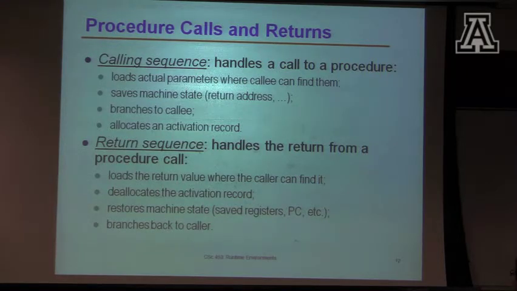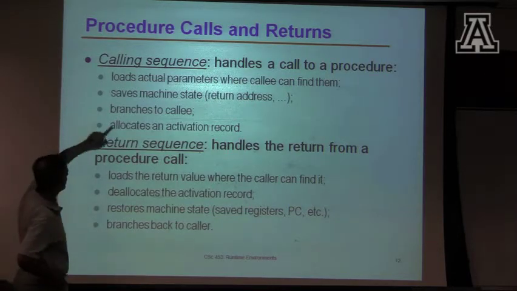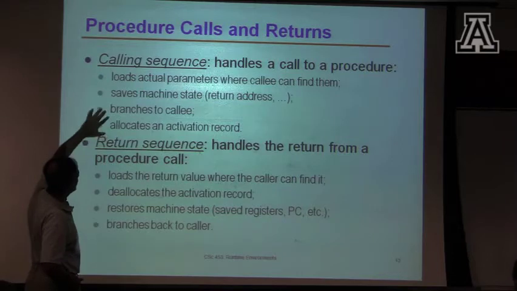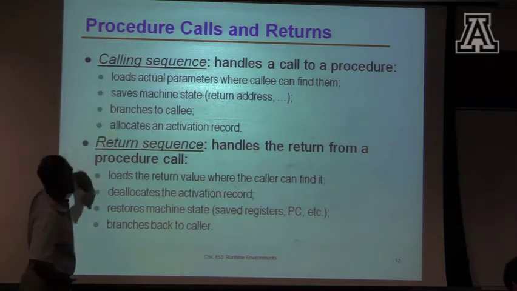Then the calling sequence has to save the machine state. It has to save the return address. Possibly it has to save some stack pointer registers, the old top of the stack. Then someone at some point needs to jump to the callee, start executing the callee. Somewhere it needs to allocate an activation record. Now, these are actions that need to be done.